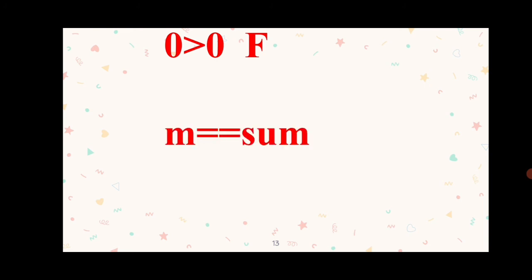Now we come to the next iteration. 0 > 0 is false. So it comes out of the while loop and goes to the next statement. In the next statement, what have we written? m == sum. The value of m is 141 and the final value of sum is 141.